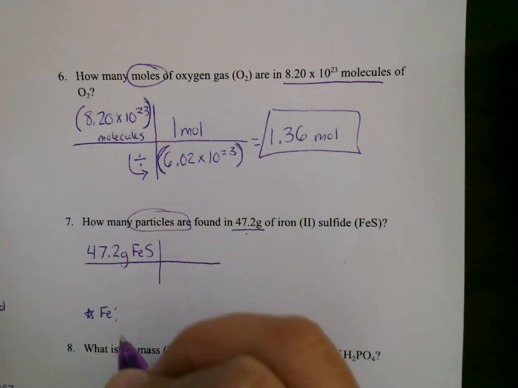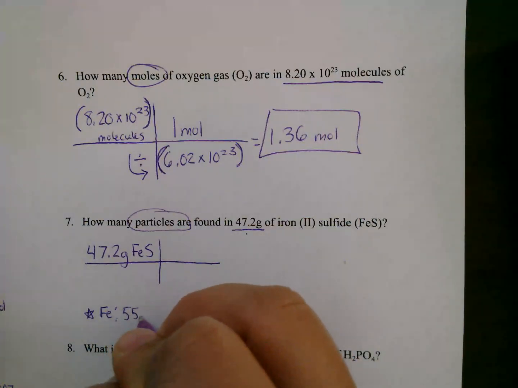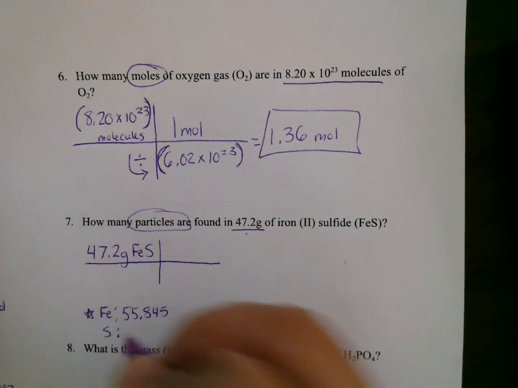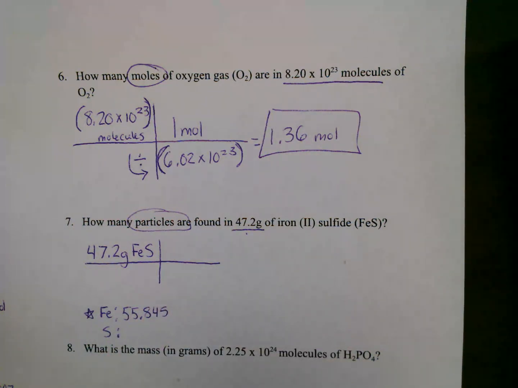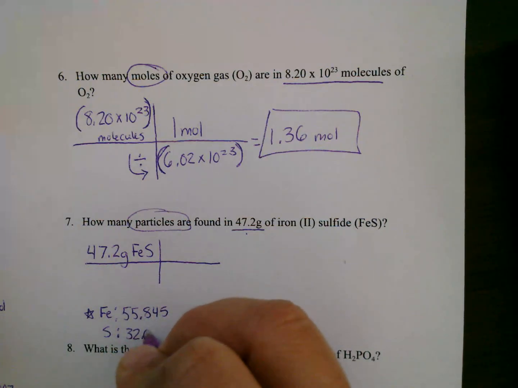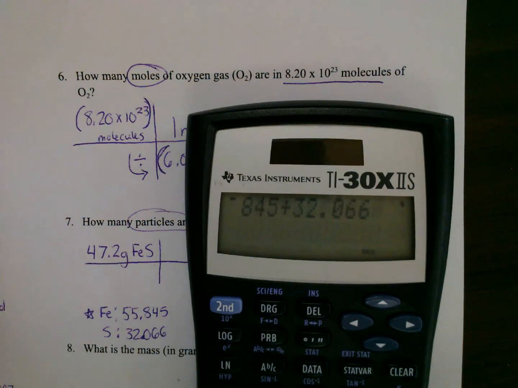Iron has a mass of 55.845. And sulfur has a mass of 32.066. I'm going to add those two numbers, 55.845 plus 32.066.